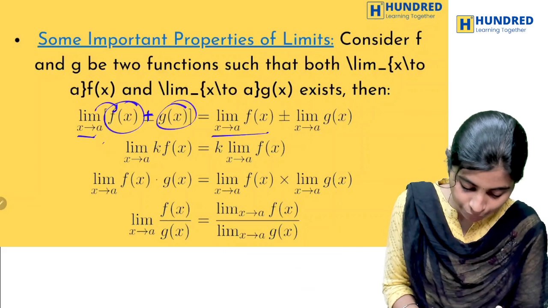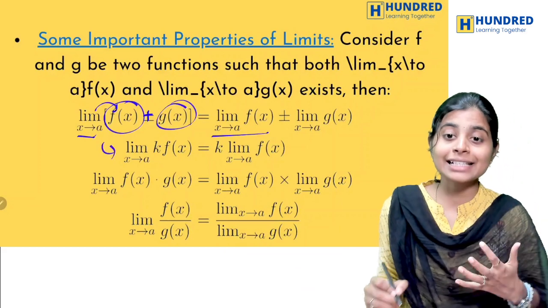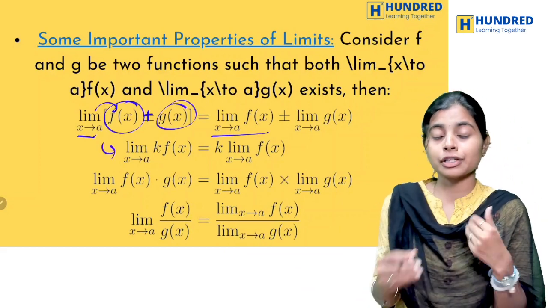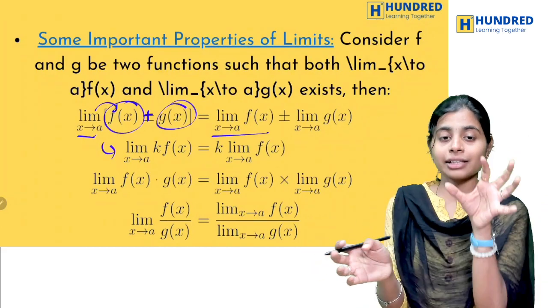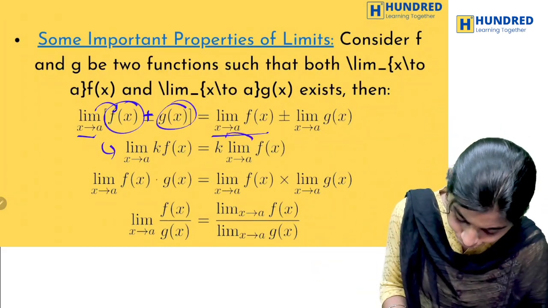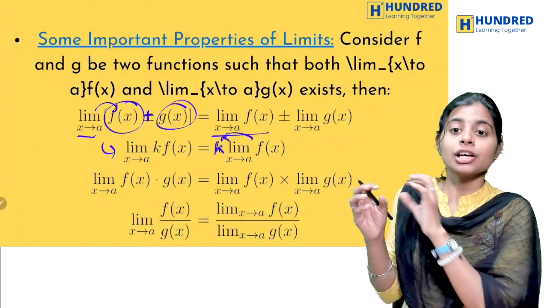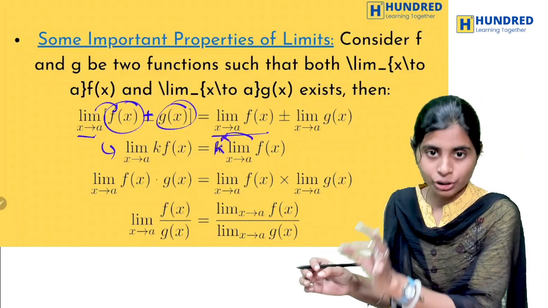And the second property is limit x tends to a of k times f of x. For example, if a scalar k is there, we can take that k outside. So k limit x tends to a f of x.